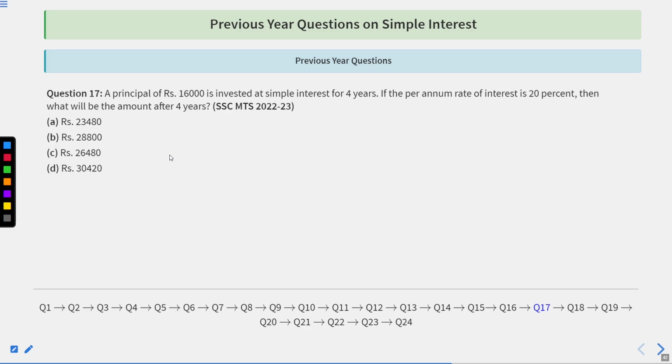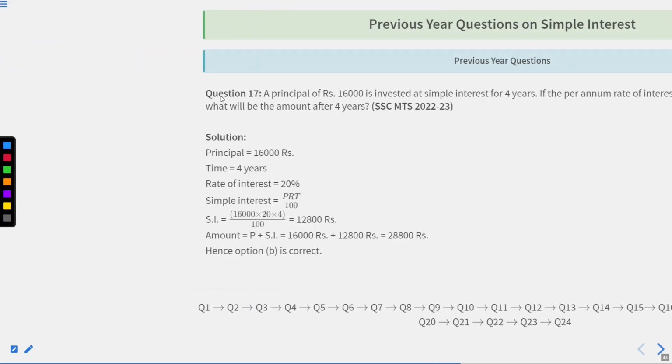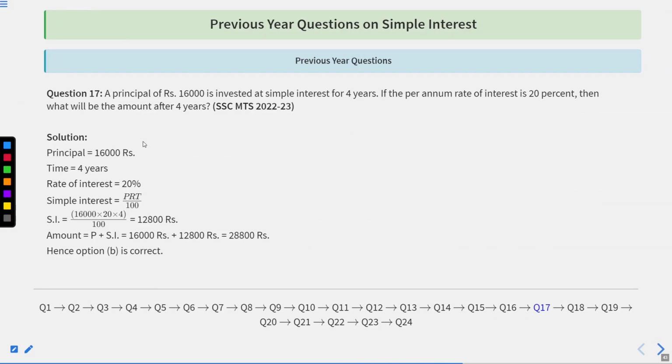Question number 70. A principal of rupees 16,000 is invested at simple interest for 4 years. If the per annum rate of interest is 20%, then what will be the amount after 4 years? So the solution, the principal is 16,000, time is 4 years, and the rate of interest is 20%.